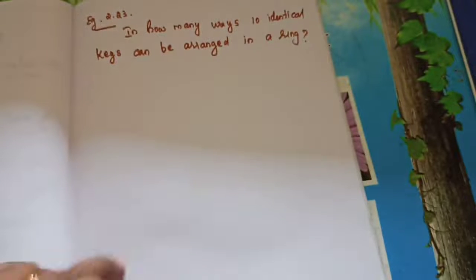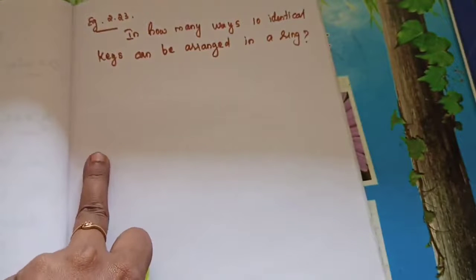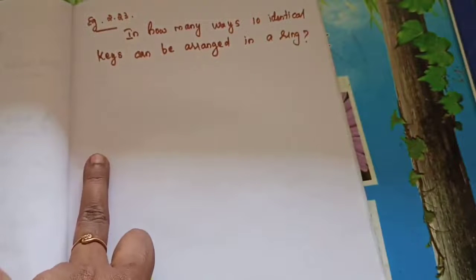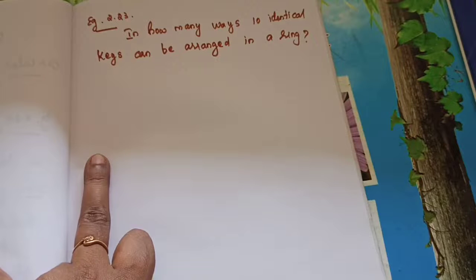Listen to the question very carefully. Here one word is there: identical keys. So clockwise and anti-clockwise are the same, that's the meaning.